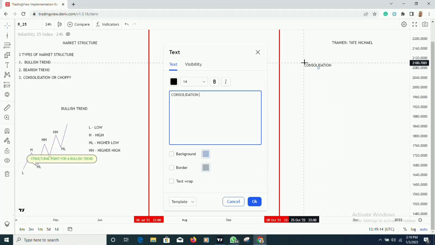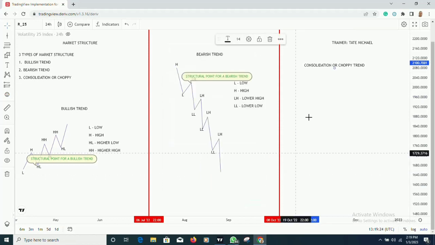So let's continue. Consolidation or choppy trend. Yeah, so look at this.